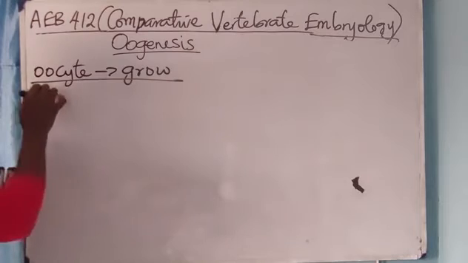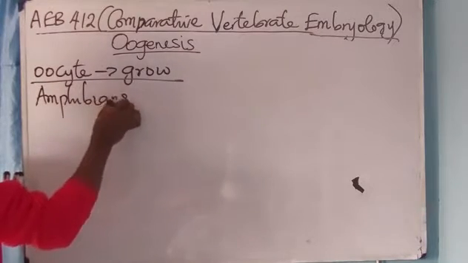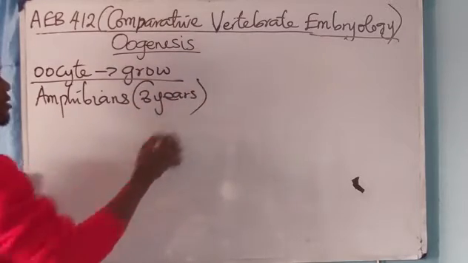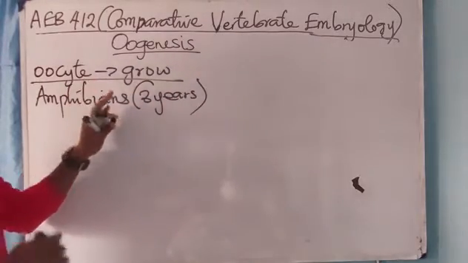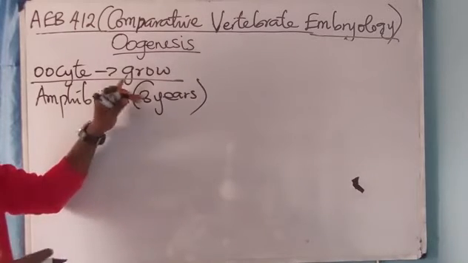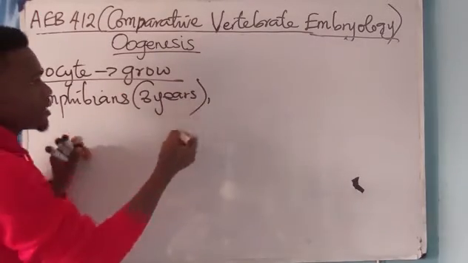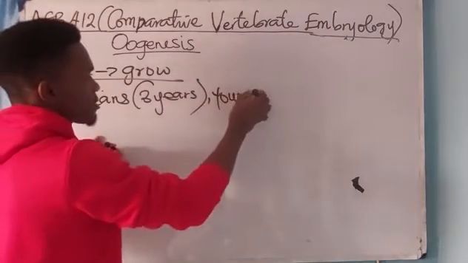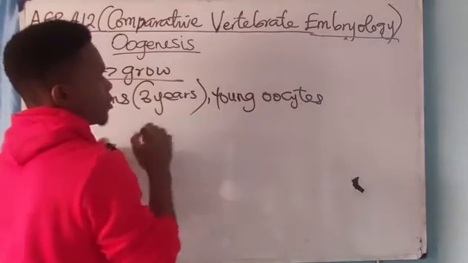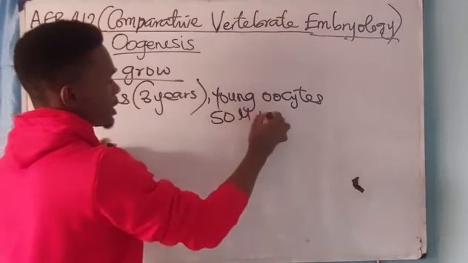For example, in amphibians, it takes 3 years for these oocytes to get to maturity. And please, in amphibians, young oocytes measure 500 microns in diameter.